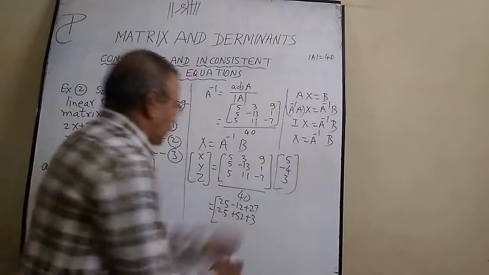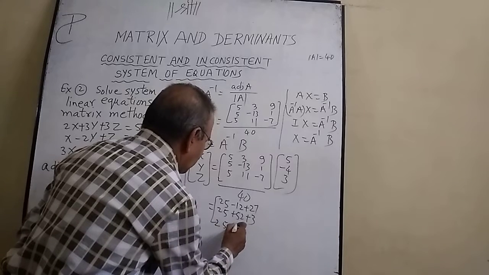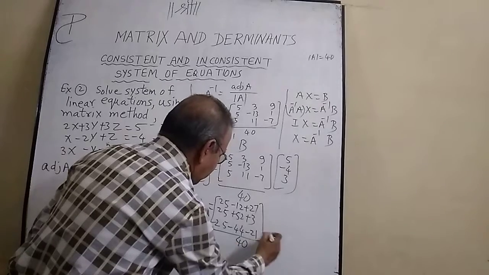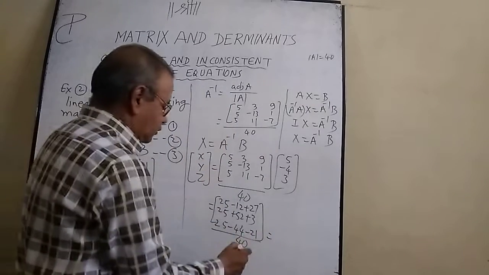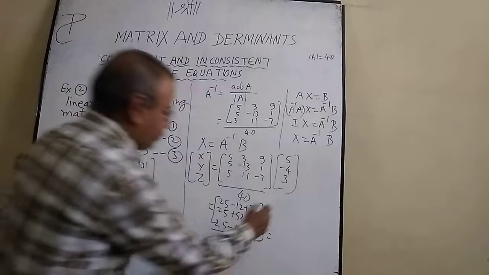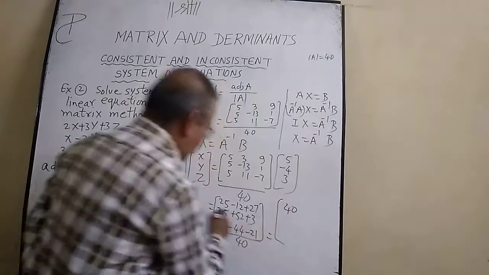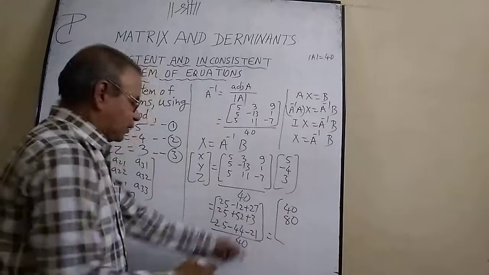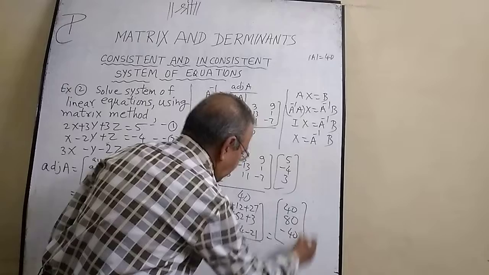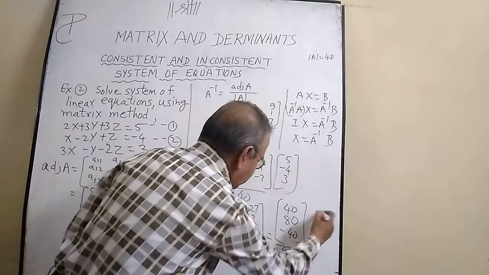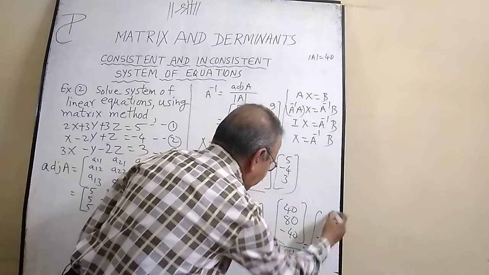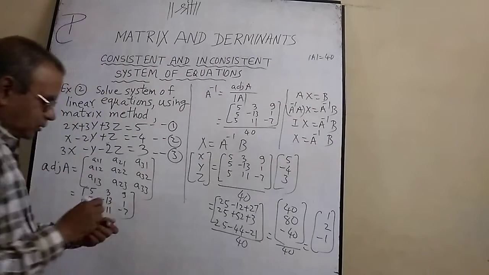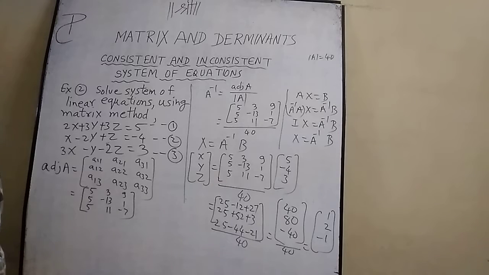This 5 is multiplied with 25 minus 44 minus 21 by 40. And that is equal to 80 upon 40, and minus 40 upon 40, and therefore it is equal to 1, 2, minus 1. So the value of x, y, z is equal to 1, 2 and minus 1.